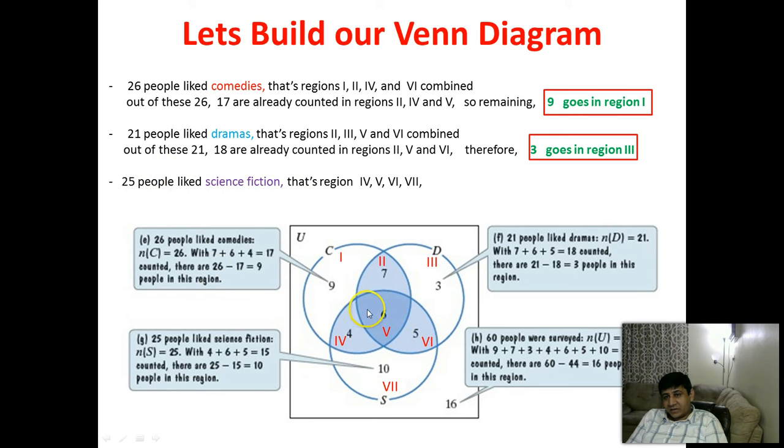The science fiction circle contains all these regions. These 3 are already counted, so we sum these 3 and take the difference from 25, which gives us 10. So 10 goes in this region.